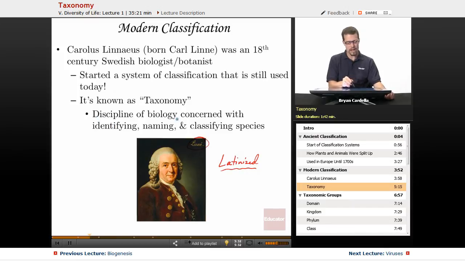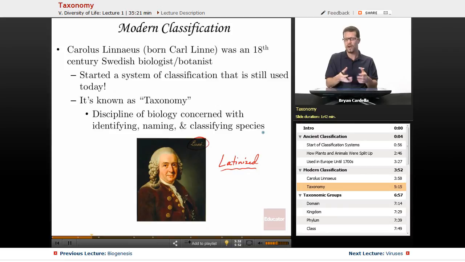Taxonomy is a discipline of biology concerned with identifying, naming, and classifying species. And it's based on several different criteria. We have the benefit of the evolutionary history, fossils that inform us about different forms of life. We have DNA.